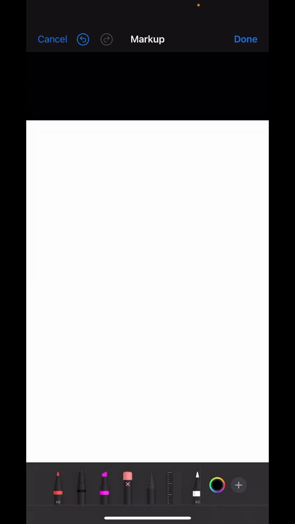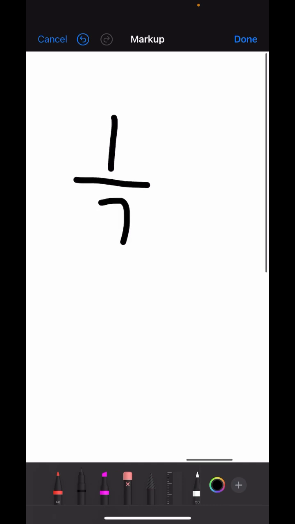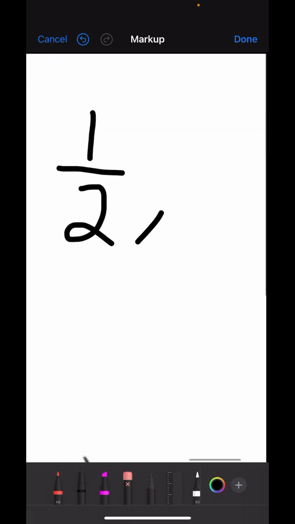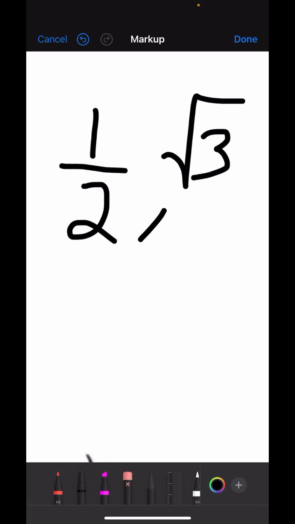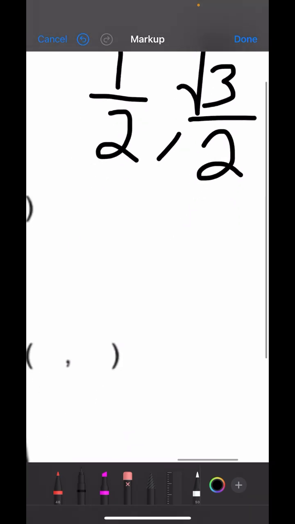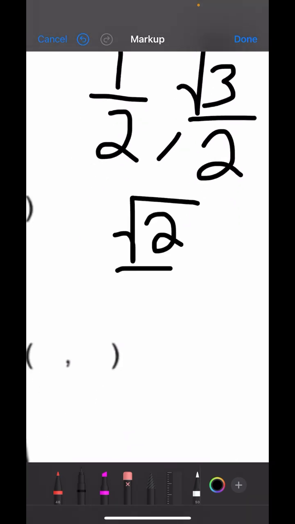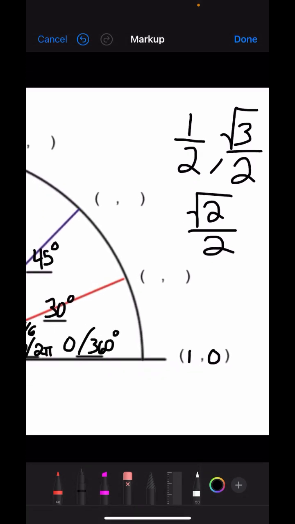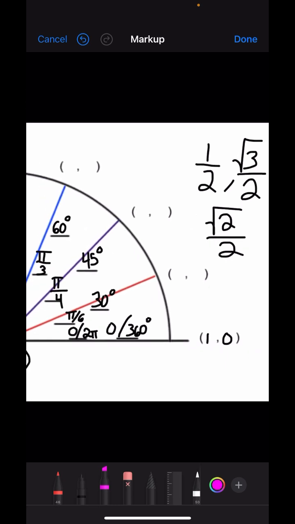So your 3 values are 1/2, square root 3 over 2, and square root 2 over 2. So all of the x's and y's in these are going to be one of these three values.